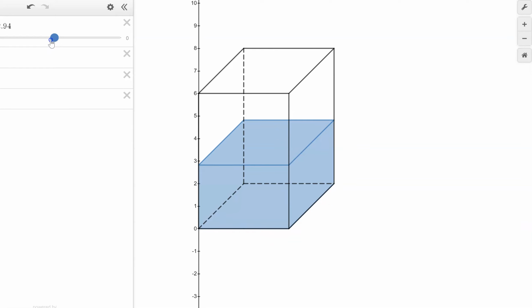So if I fill it a little bit, this is now our x right there. If I decrease it, this is now our x. So you can see that it's changing, but this is still 2, this is still 4. They don't change.